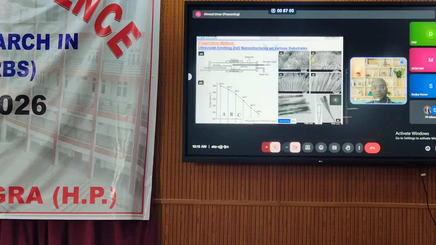So zinc oxide is made in the air and deposited on the substrate, and finally we get zinc oxide on the surface of the substrate.